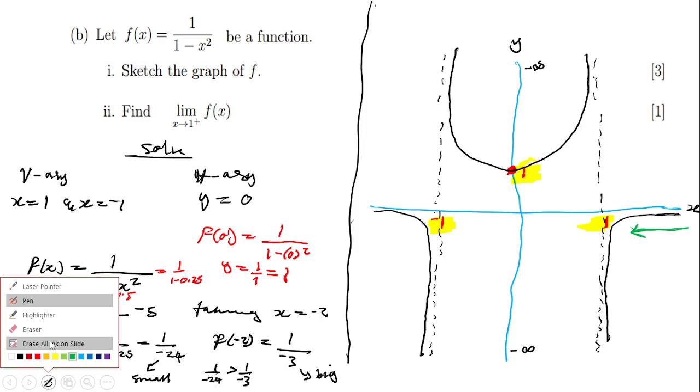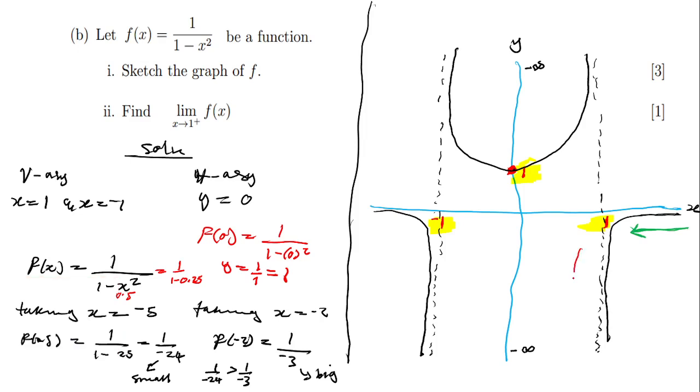Look where this graph is going. It's going like that. So as I am approaching this guy from the positive side, this y is becoming what? Negative infinity.